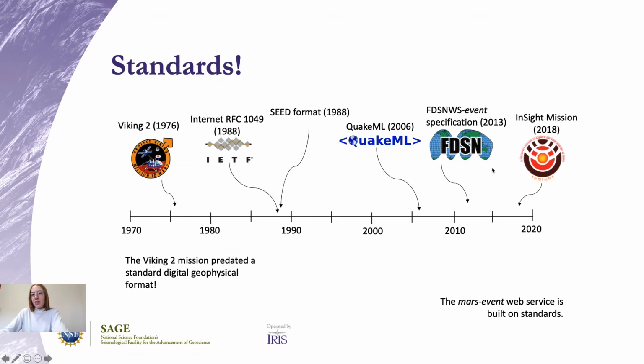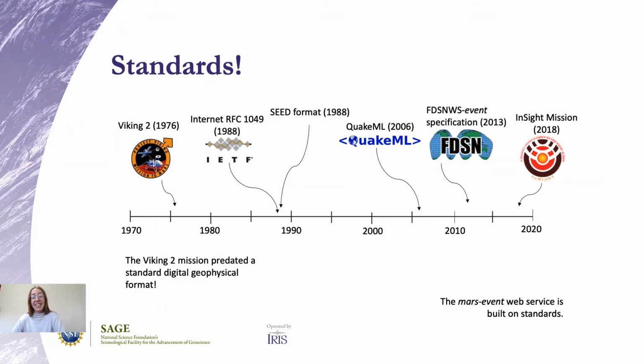So a quick note on standards used in the service. Basically, this service is built on standards. The last time we put a seismometer on Mars was the Viking mission. And in fact, this predated a standard digital geophysical data format. Part of the reason why it was hard to get that data out to the community and access it.